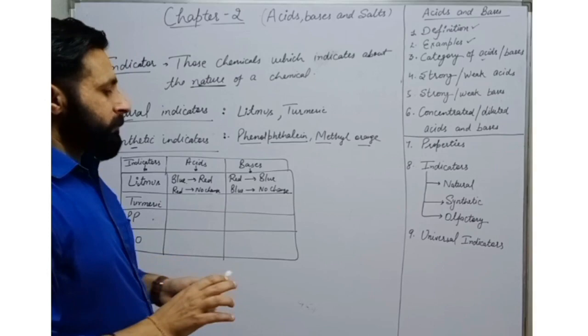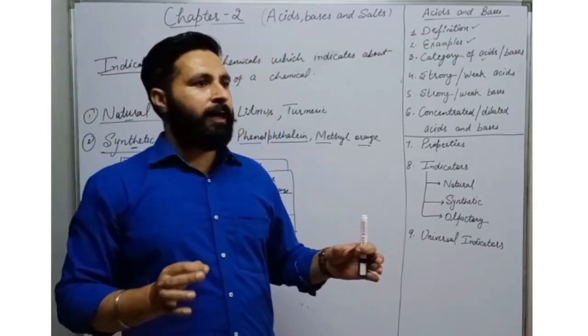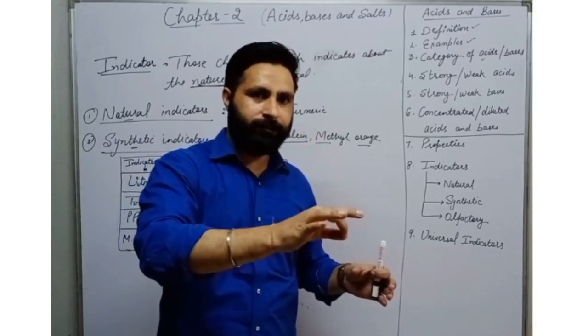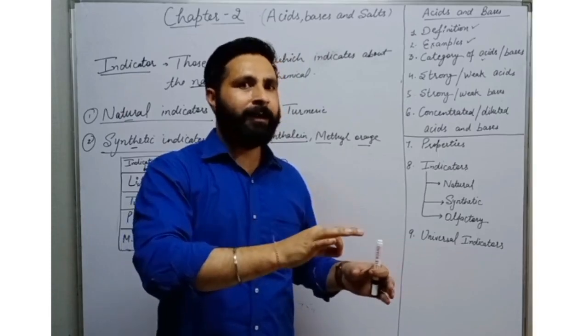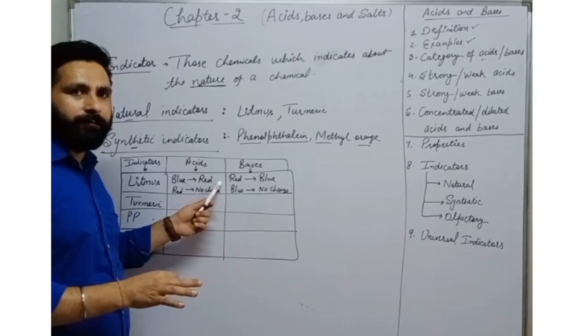Suppose I have dipped blue litmus paper in a chemical. If that chemical is an acid, it changes into red color.